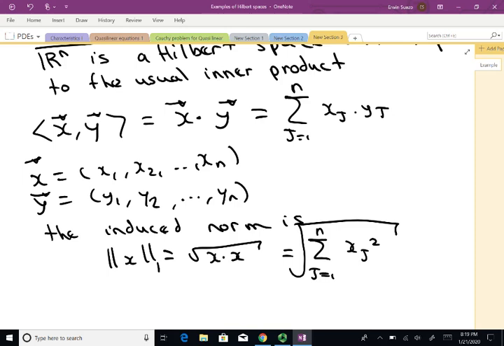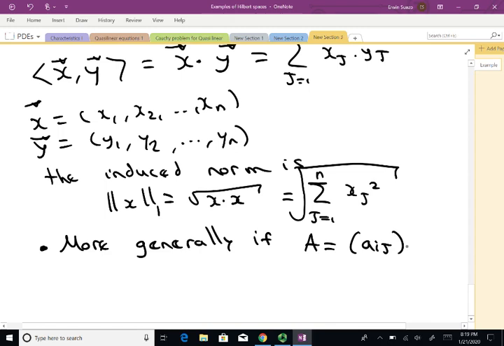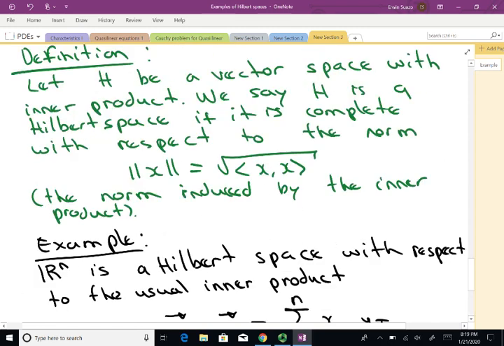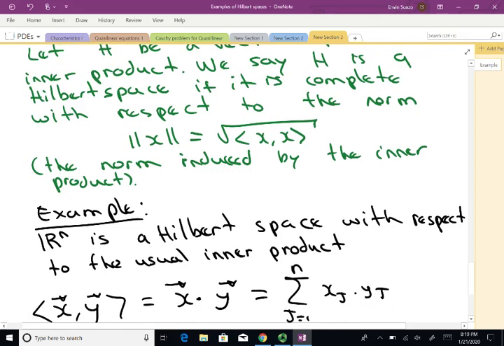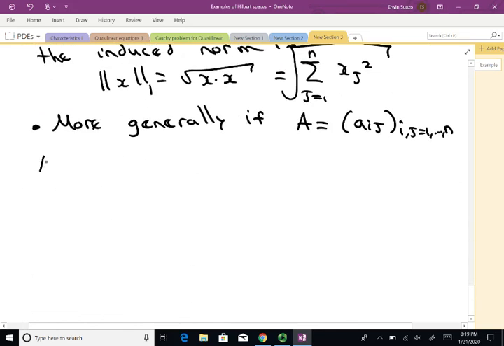So even better, and this might surprise you. More generally, if you choose a matrix, let's say a matrix Aij, with i, j from 1 to n, it's a square matrix. So that means A is something like this, right?